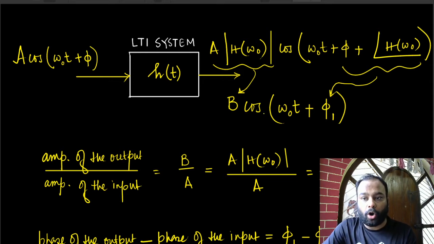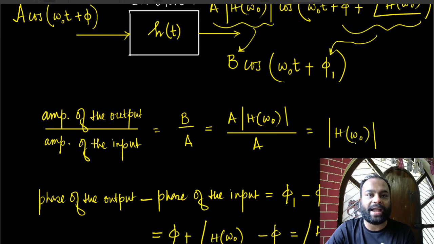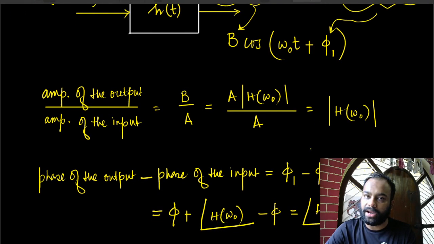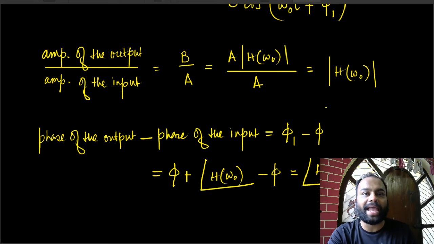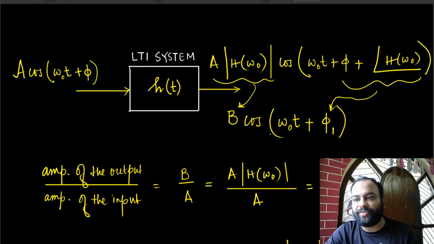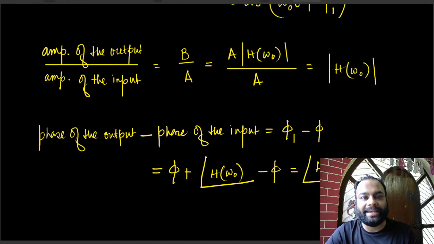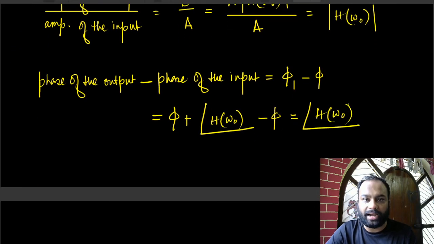The ratio of the amplitudes of the output sinusoid and the input sinusoid is entirely determined by omega naught, because this entire thing is a function of omega naught. So for varying frequencies, the output will be different, and how much phase will be contributed by the system is also entirely determined by the frequency.